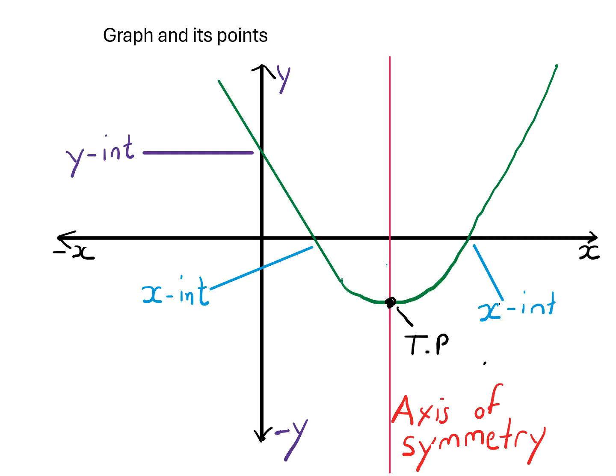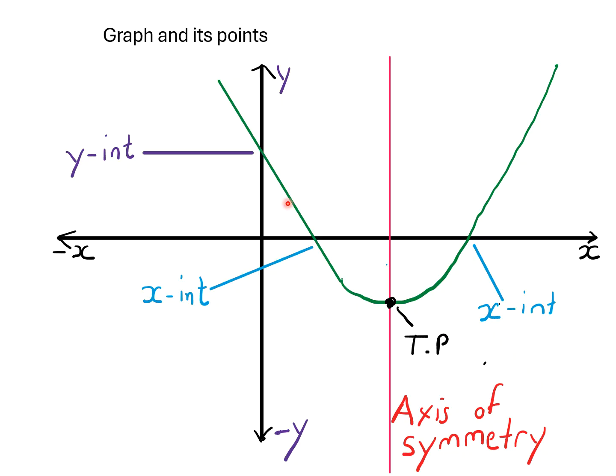Now, graph and its points. I'm doing this because I've seen some learners ask, why do you say y-intercept, x-intercept? They have the y-axis and the x-axis. My parabola in green, wherever it cuts the y-axis, where it makes contact with it, is referred to as a y-intercept.